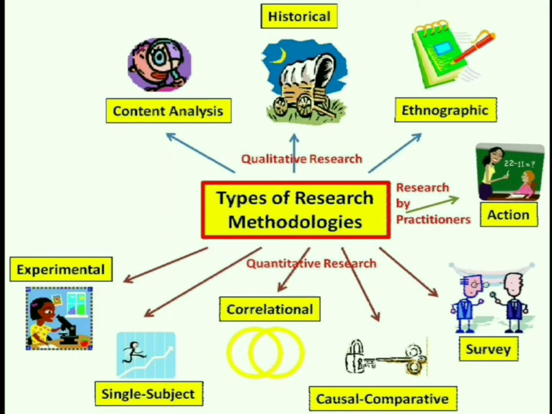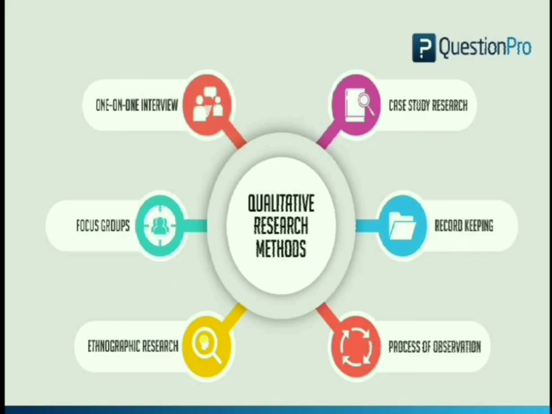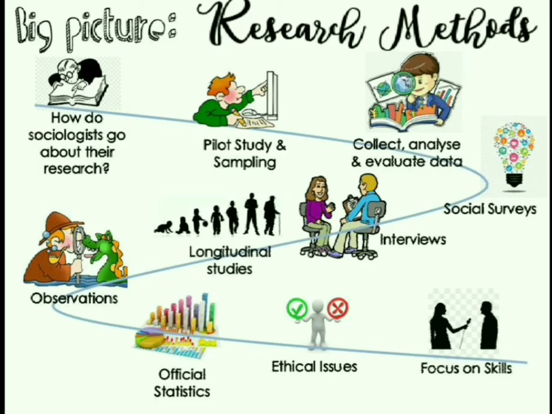Types of research methodologies can be action, survey, correlation, single subject, experimental. It can be content analysis, record keeping, observation, case study research, focus groups, and so on. On the screen, you can see other methods: social survey, focus on skills, ethical issues, observations, and so on.